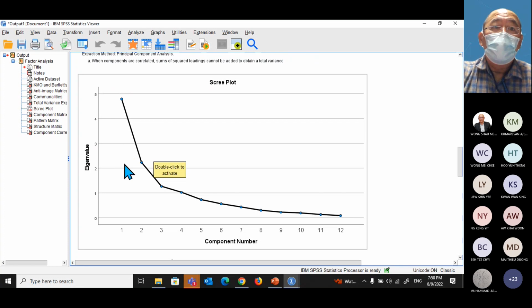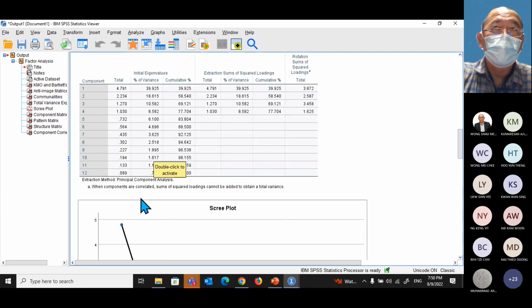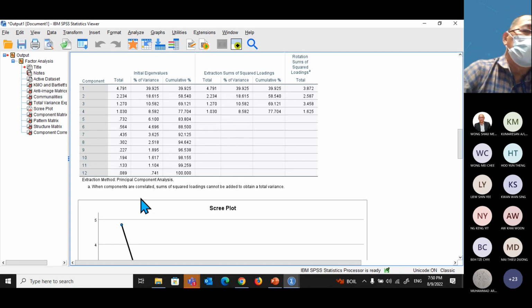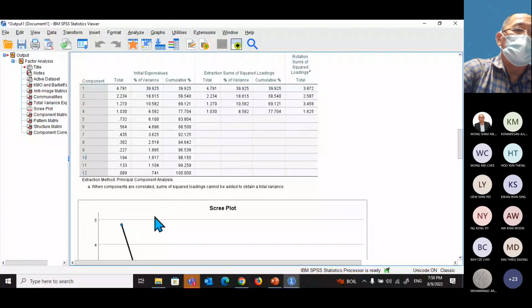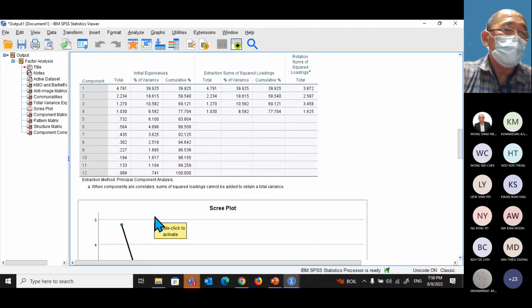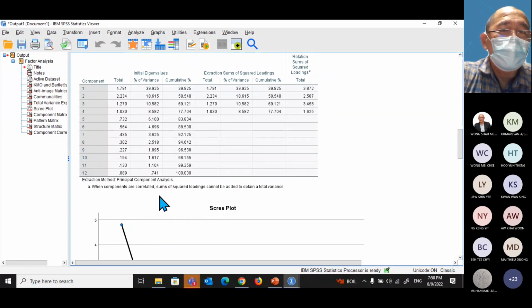So the component 1 is actually a combination of variables. But we never know where the system generates the 4.791. Good question. So how do they compute 4.79?